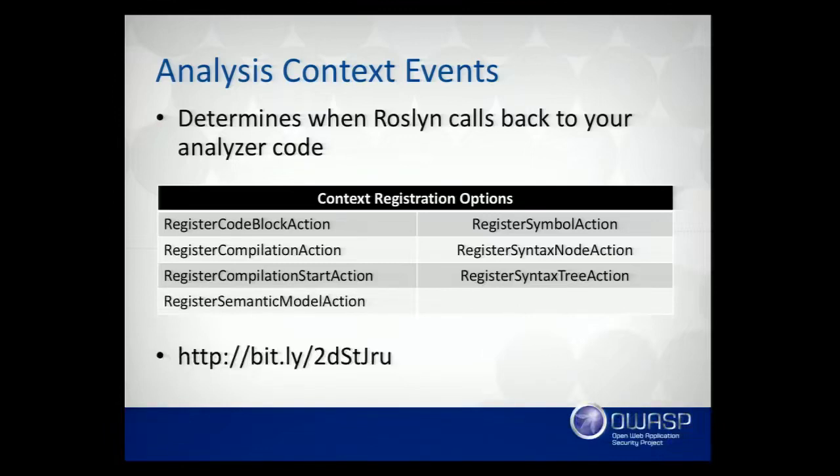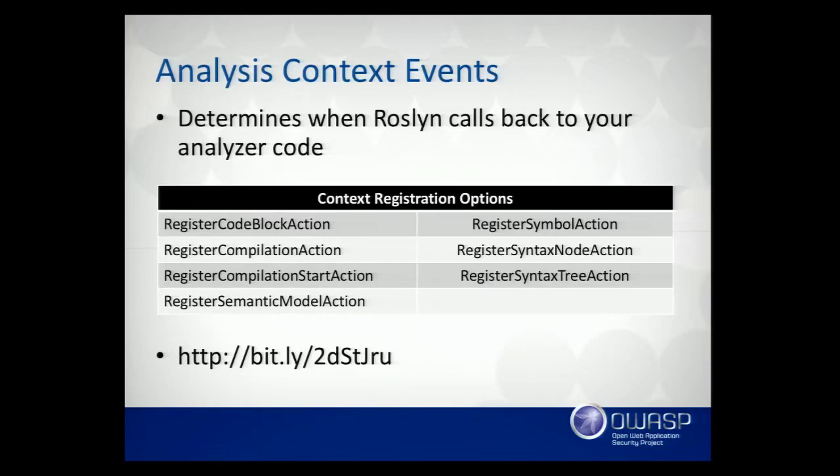You can do a compilation action, which will fire just when compiles actually occur. You can do the semantic model action, which is at the parsing of an entire semantic document. You can get a symbol action, which is when every single symbol is analyzed by the compiler, it fires your method. Or you can analyze a syntax node or a syntax tree.